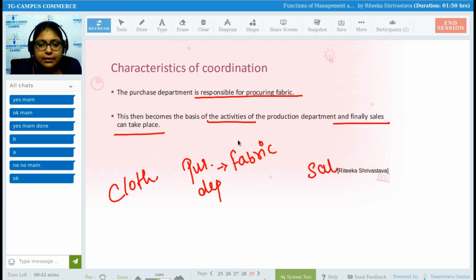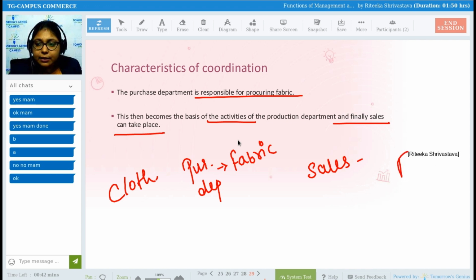Now accordingly, sales people will sell the product. So here the production department and sales department have to be in contact with each other so that they inform the sales department how much production we have done, how many goods are available with us. Accordingly, you make your sales plan.